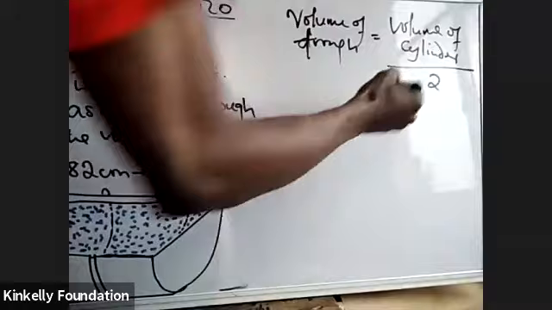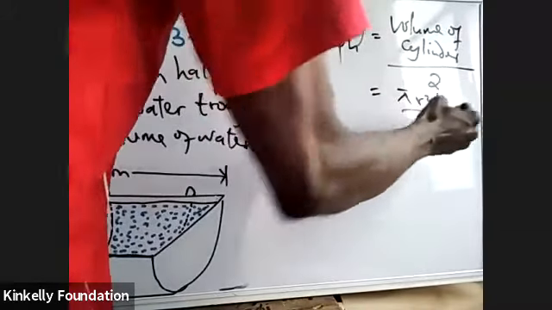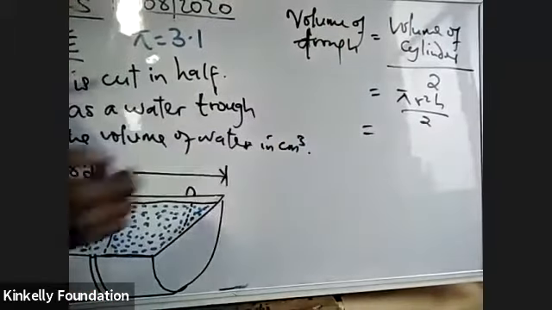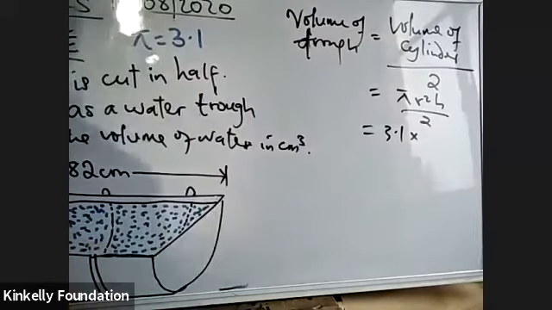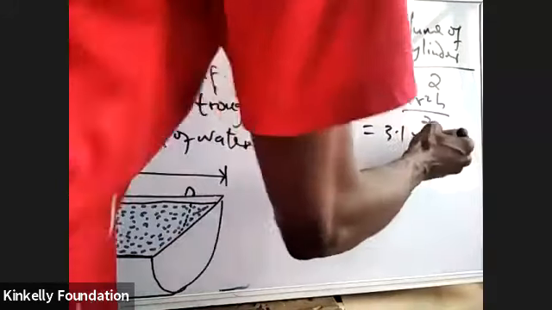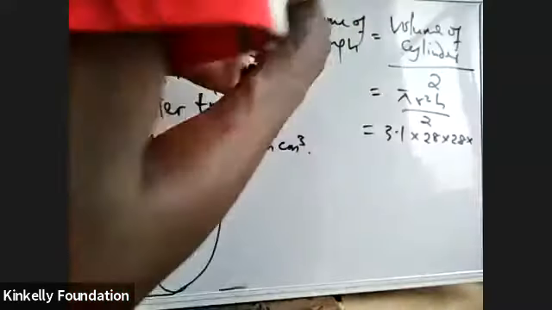So we have been given all the parameters, which is pi r square over 2, and pi is given as 3.1 times the radius of this is what? 56 divided by 2, which is 28, times 28 times what? 82.